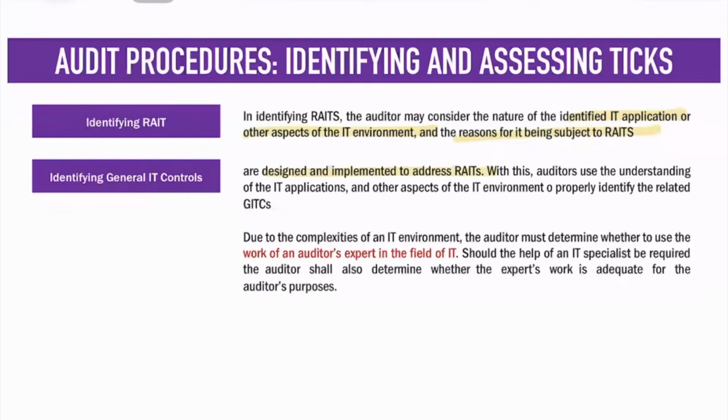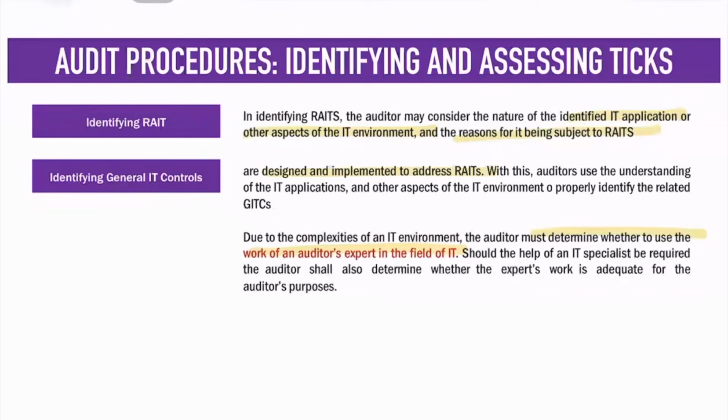So, due to the complexities of an IT environment, the auditor must determine whether to use the work of an auditor's expert in the field of IT. Why? Because, of course, it is not considered that the auditor is knowledgeable in auditing a CIS environment or an IT environment. Therefore, we must use an expert. So, in using an expert, generally, what do we look at? First, of course, we evaluate whether the IT expert is competent, capable, and objective.